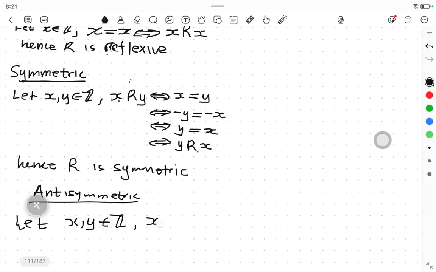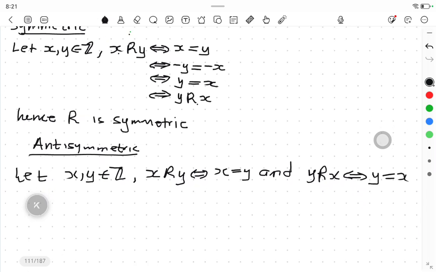So I must assume that x is related to y if and only if x is equal to y, and I must assume that y is related to x if and only if y is equal to x. So if this is true, this simply means that x is equal to y.